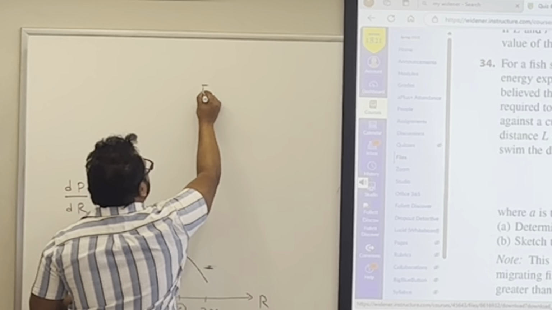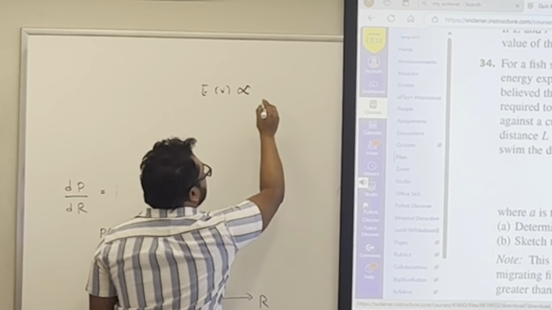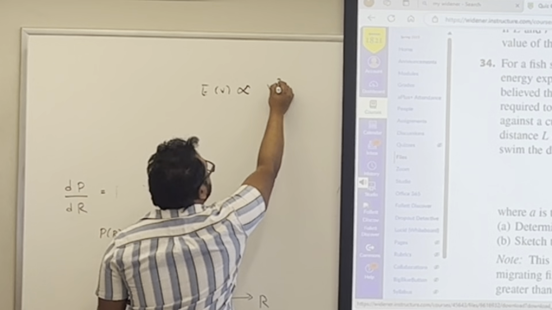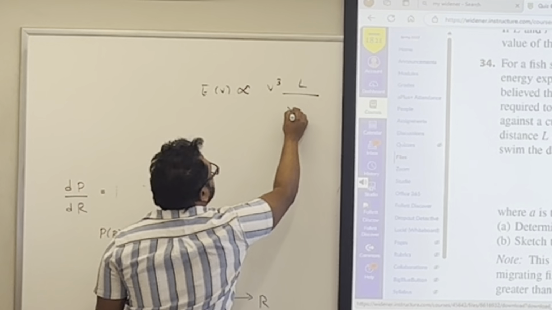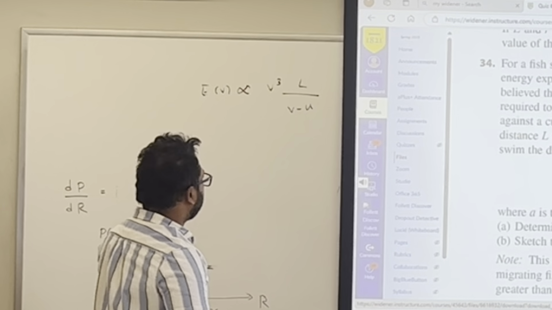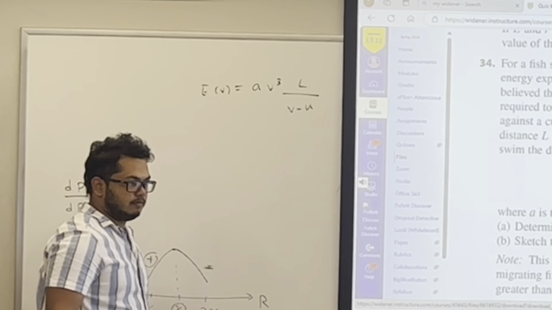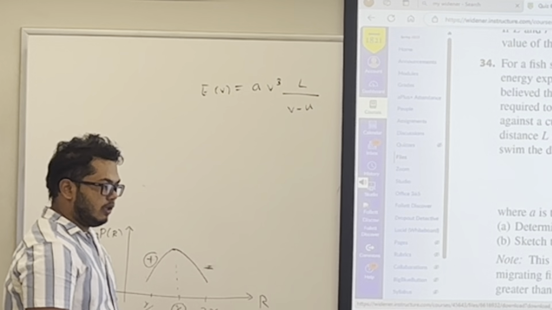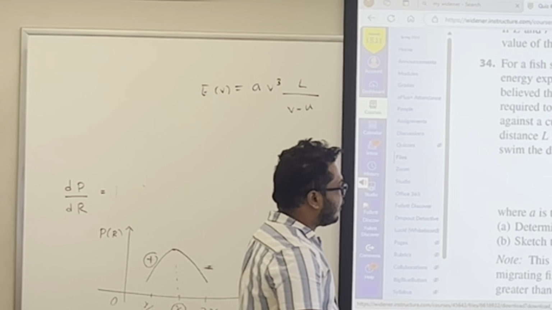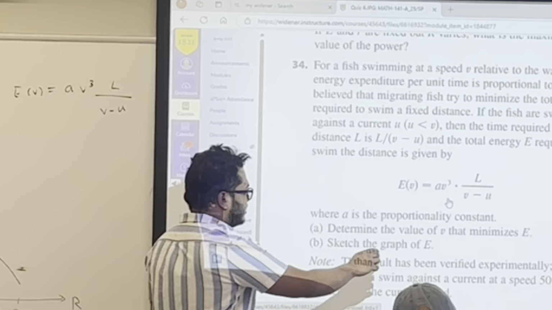Like E is proportional, with this proportional symbol, to v cube L over v minus u. And to make it equal, you have to have a proportional constant. That's A. You can find the value of A by doing an experiment. So we don't care what A is.